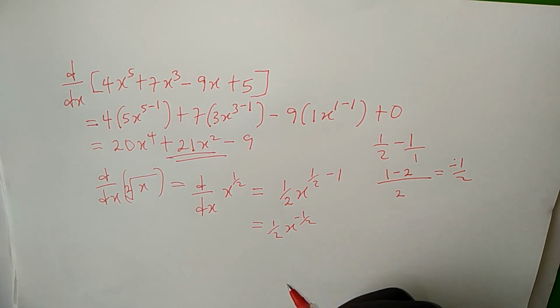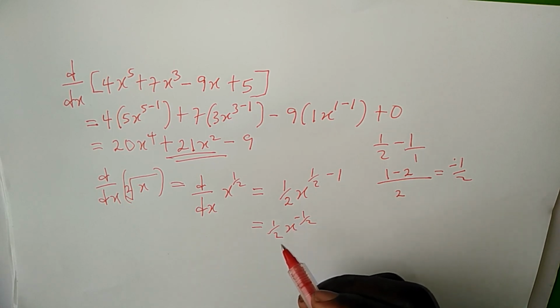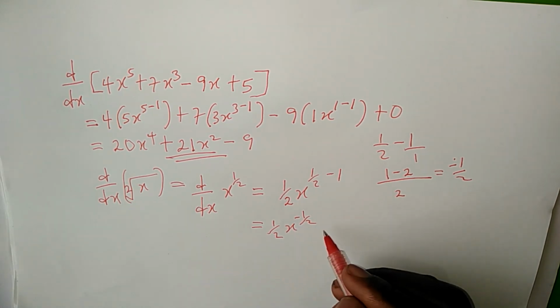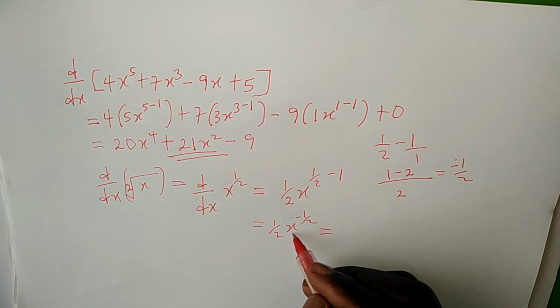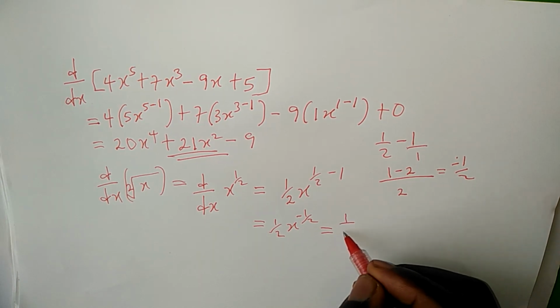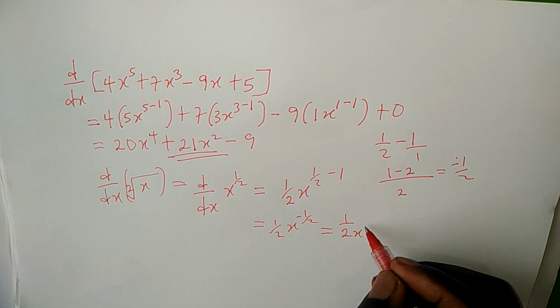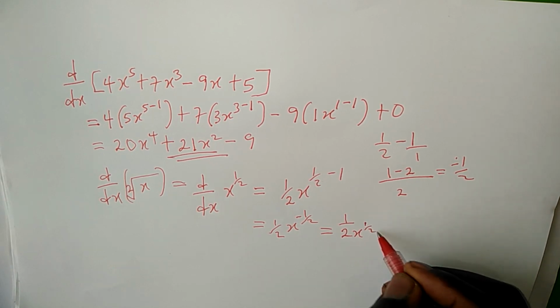Now, another thing you should pay attention to: whenever you see the exponent is carrying a negative sign, you try to eliminate that negative sign. In this case, we do that by moving the whole of x downward. So we say 1 over 2 x to the power 1 over 2.